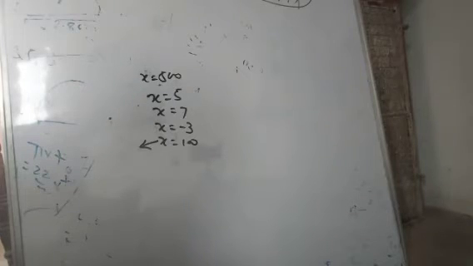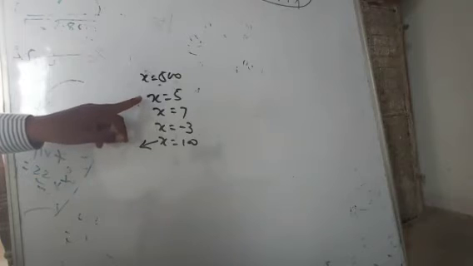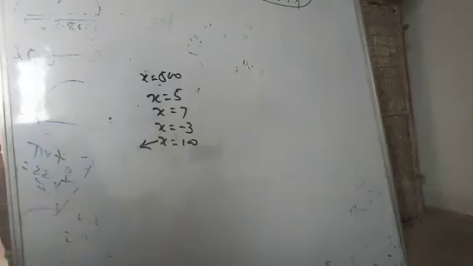The variable means something that can vary, that can change. Variables are denoted by small alphabets, like x, y, p, a, b, m, n. So these are called variables. The main concept to understand: the values which we have assigned change, so it is called a variable. This x is called a variable.